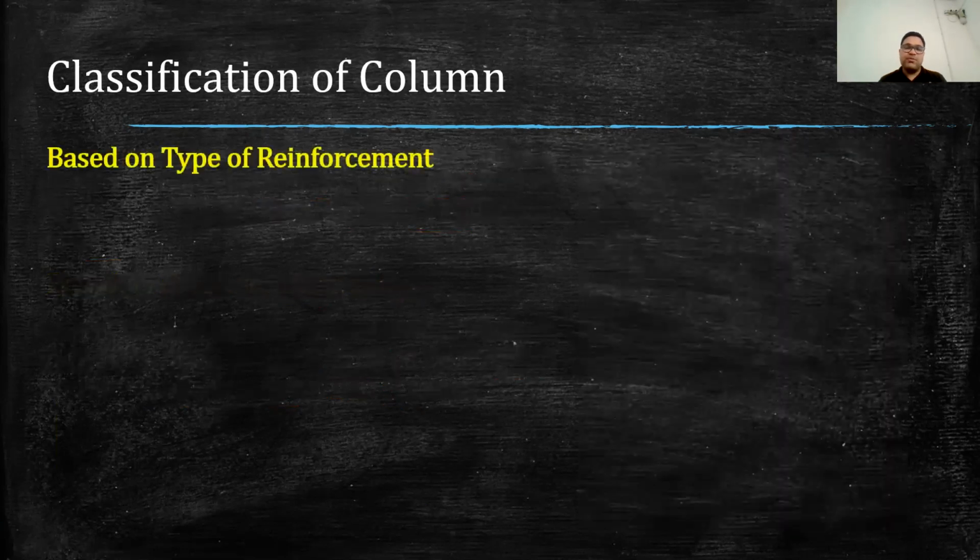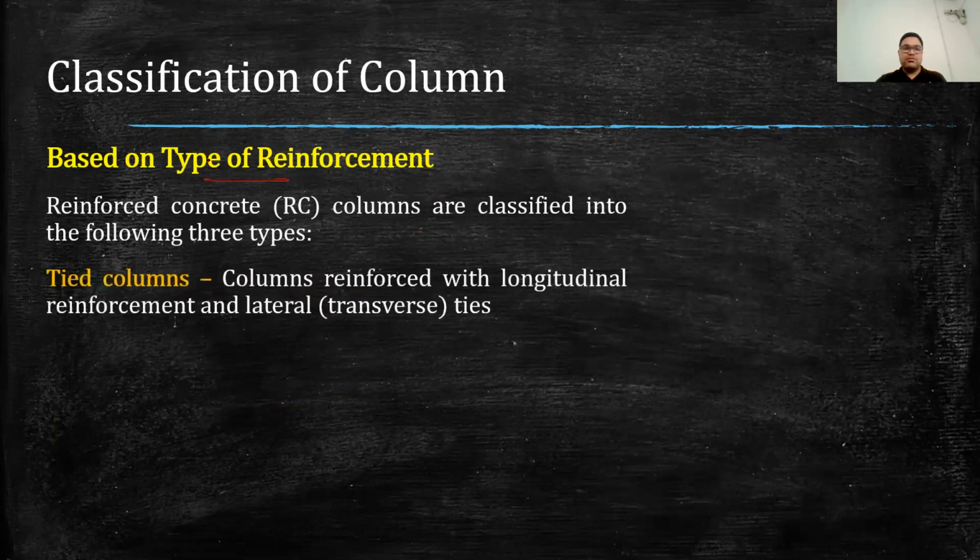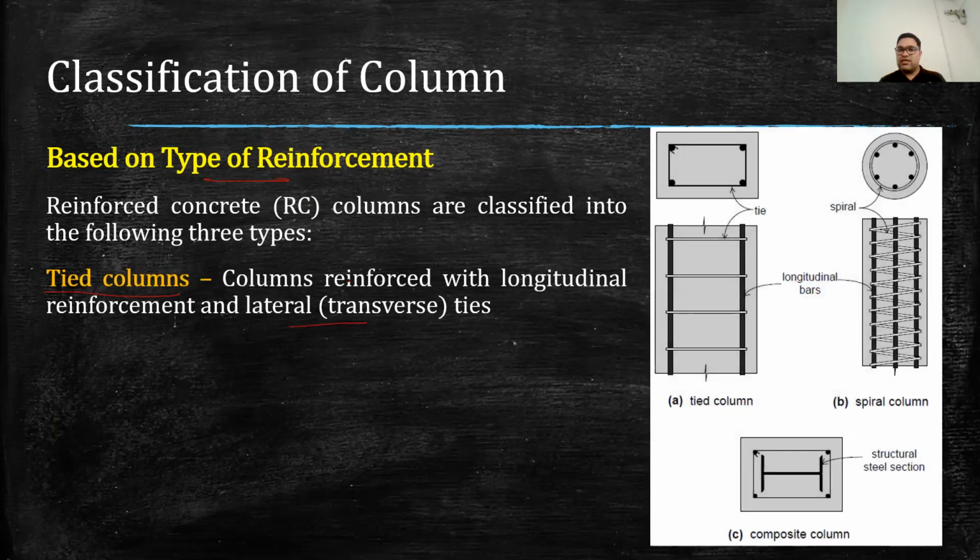The second classification will be based on the type of reinforcement used in the column. In this category, there are basically three types of columns. First one is known as tied column. Tied columns are those columns in which we generally use lateral ties as transverse reinforcement to hold the main longitudinal reinforcement. I will show you with the help of a diagram.